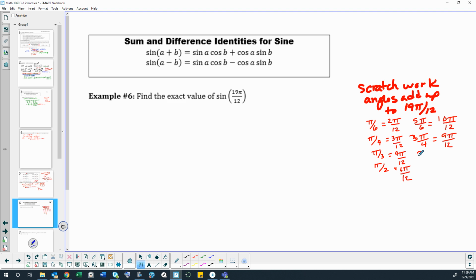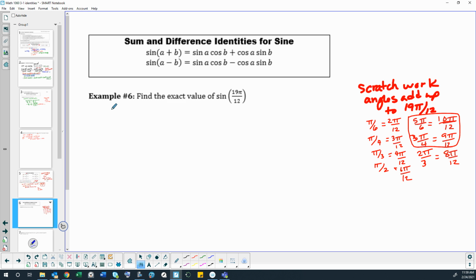I think we got something. 2 pi thirds, just in case you need to keep going, but you shouldn't have to. 2 pi thirds would be 8 pi 12ths. Do we have anything that's going to add up to 19? Yeah, should we stop since we found some? Okay, so right here, these two will add up to 19 pi 12ths, correct?